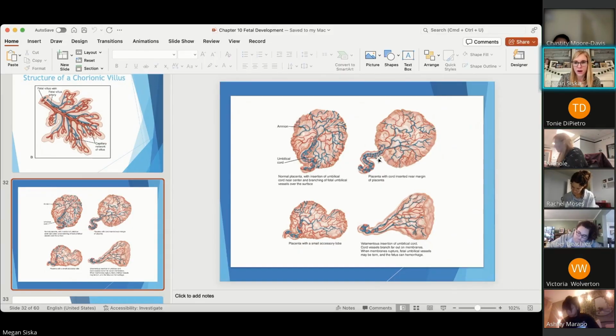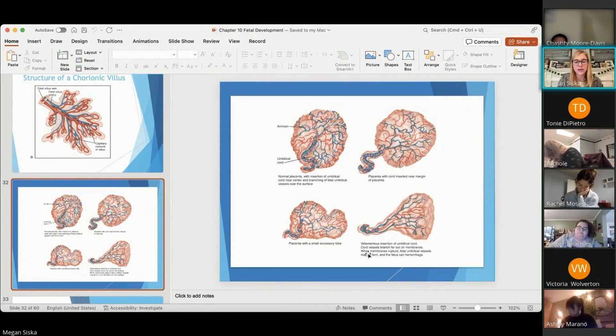That can be fine. Like I said, some placentas still function well, but it could affect the blood flow, and that would also affect the growth and development of the baby. Some placentas have an extra lobe, or accessory lobe, and so instead of being nice and round, they have this little extra piece to them. Once again, could be totally fine.